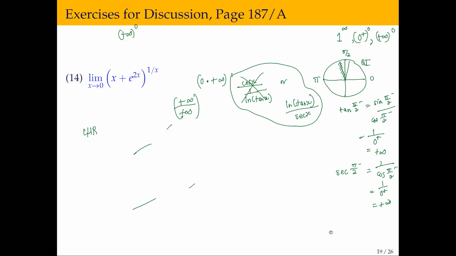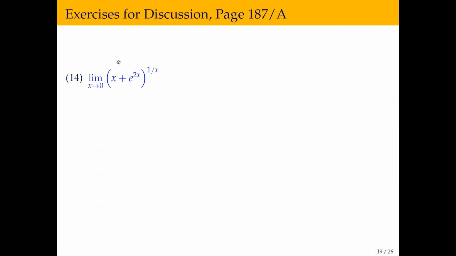Let's proceed with number 14. We have here the limit of this function raised to another function. Ngayon, i-verify muna natin anong type of indeterminate form ba ito. So we have here x goes to 0. So this is 0 plus e raised to 0. So that is 0 plus 1. So we have here 1. For the exponent, you have your 1 over 0.